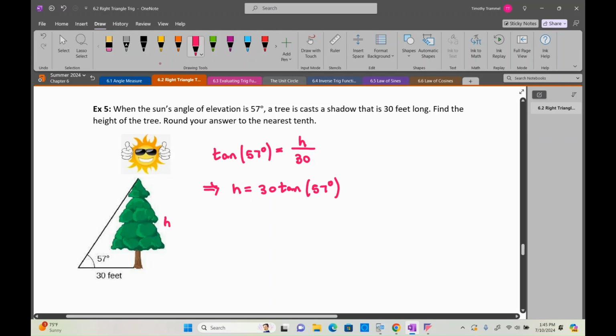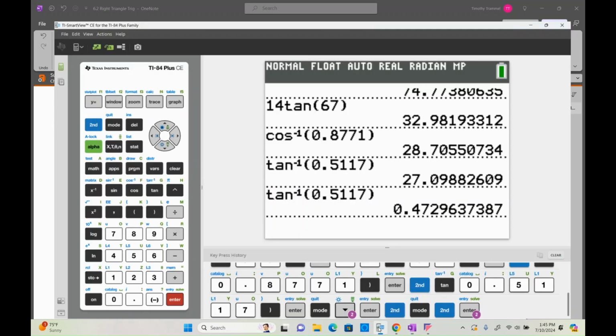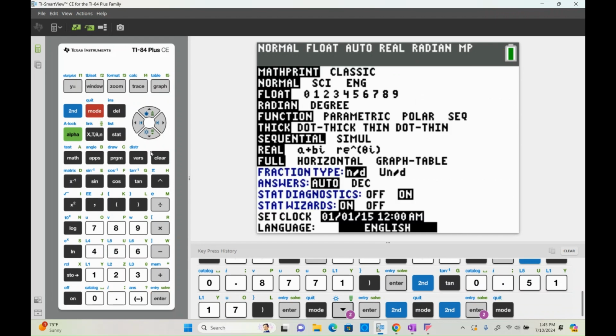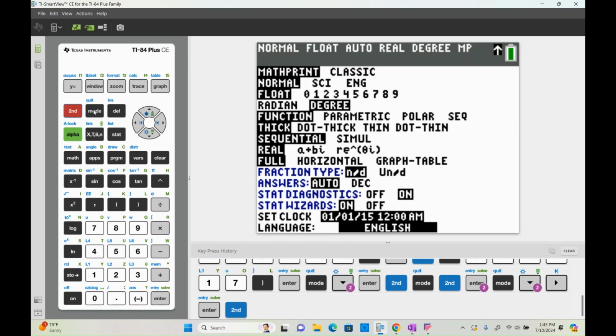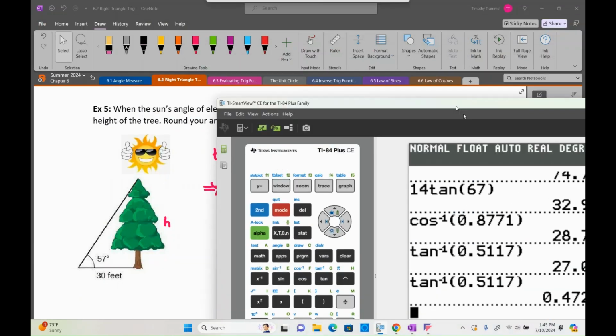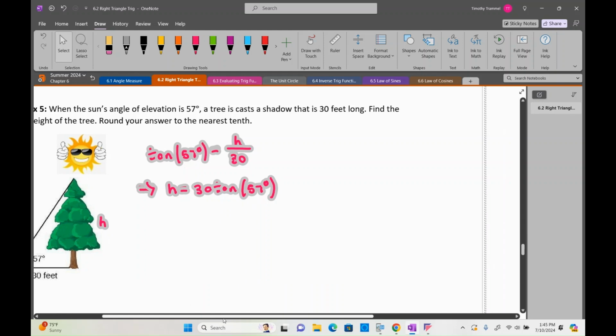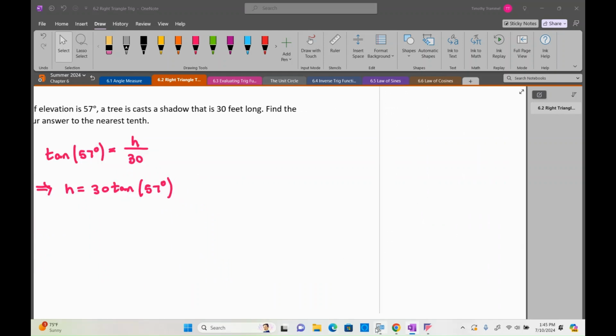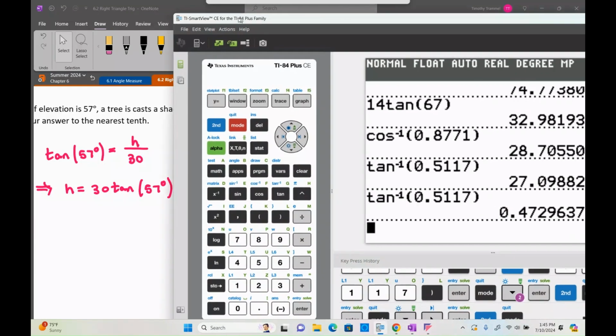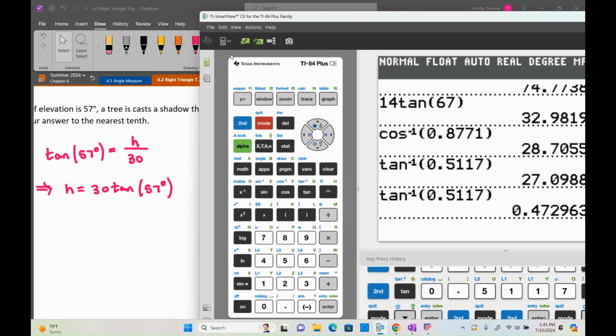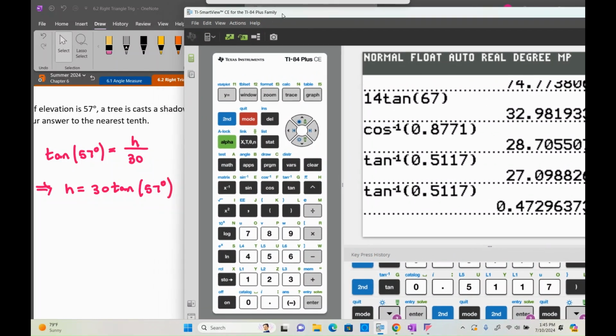Now in the last problem, we had our calculator in radians, so we need to switch that back to degrees. So I'm going to hit mode, go down to degree, hit enter, and then second mode to quit out. And let me scoot this over a little bit and we'll get this plugged in. Here we go.